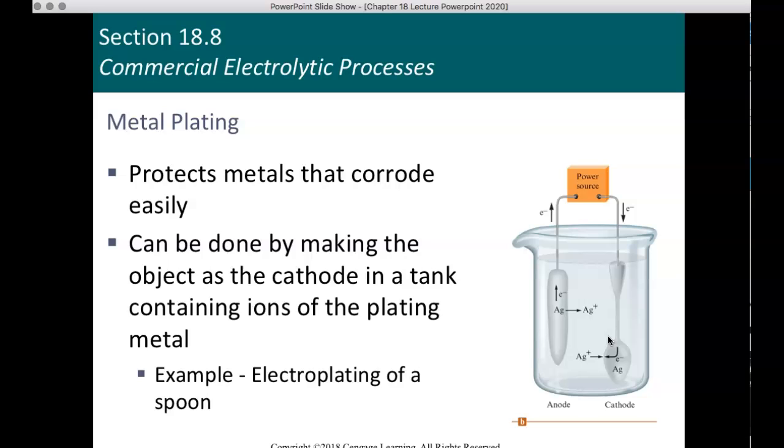You can gold plate if you have a solution of gold ions. This is the way that steel is galvanized. They electrochemically plate zinc ions, or zinc metal, onto the surface of the steel to prevent it from corroding. And that takes place in big industrial tanks in a steel mill.